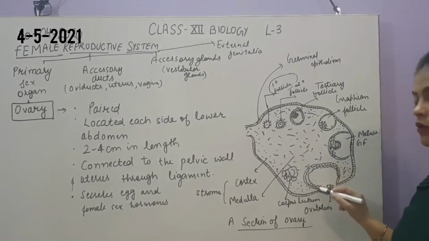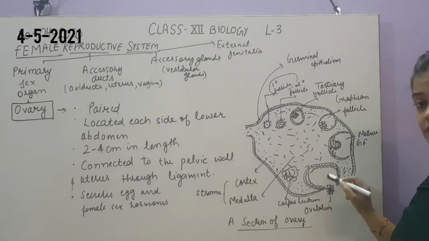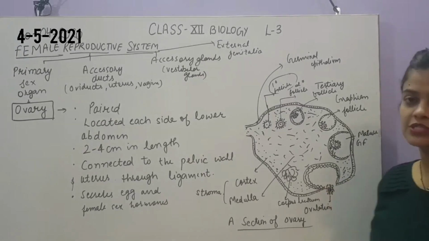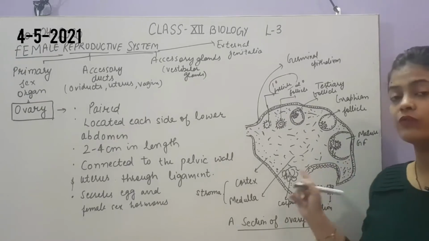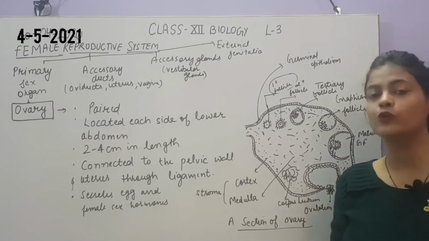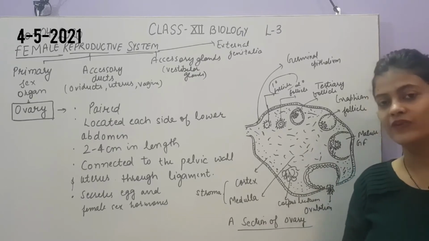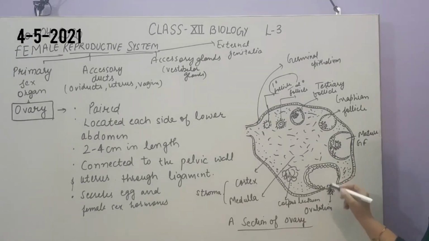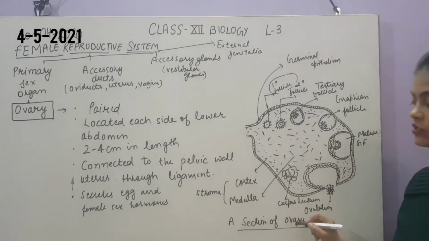Now this Graafian follicle will be fully mature and will release the ovum outside the ovary. As I told you, the ovum will be released from the ovary and then it will enter into the fallopian tube, where its fertilization with the sperm will take place. Now this Graafian follicle will rupture and ovulation will take place. This release of ovum from the ovary is called ovulation.